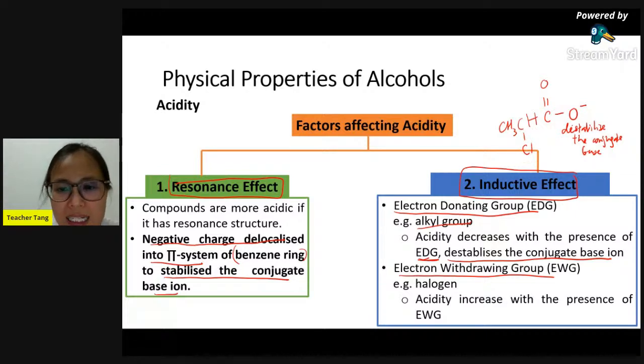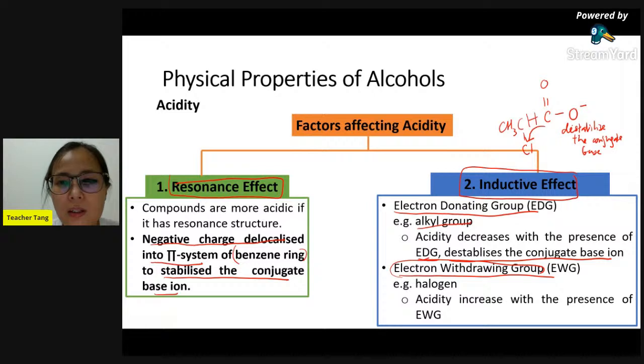Halogen is an electron withdrawing group. Electron withdrawing group means it pulls away electron to itself. When it pulls away, it reduces the electron density on this oxygen, therefore stabilizing the conjugate base, and therefore increasing the acidity of the acid.